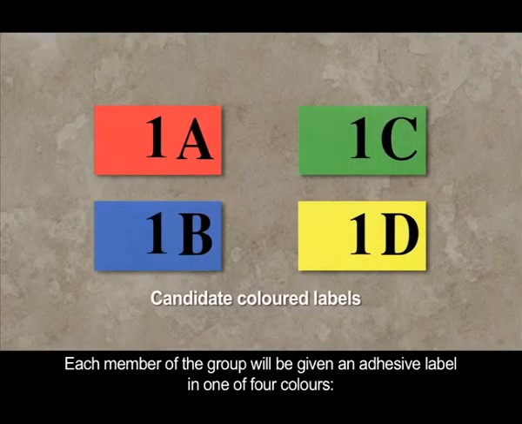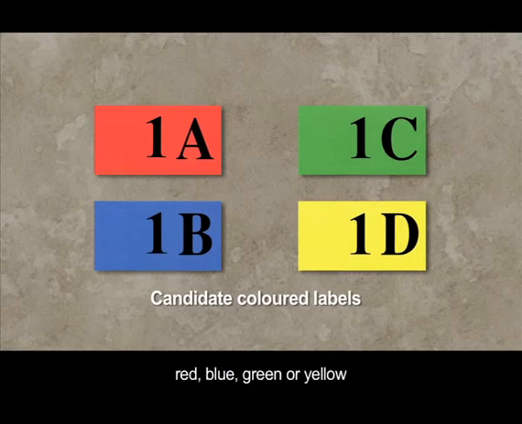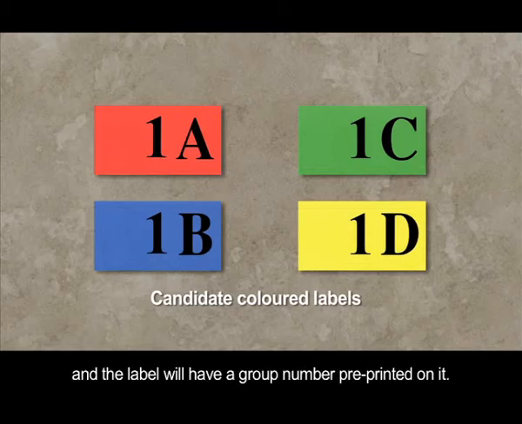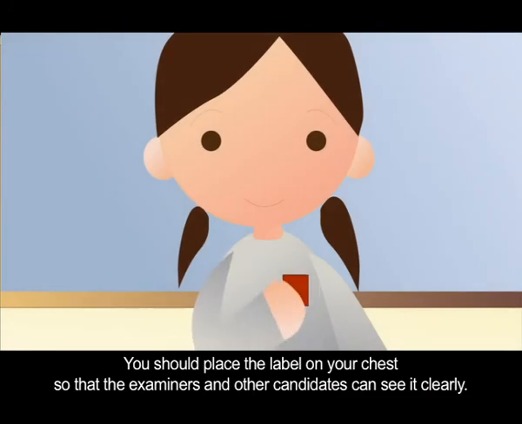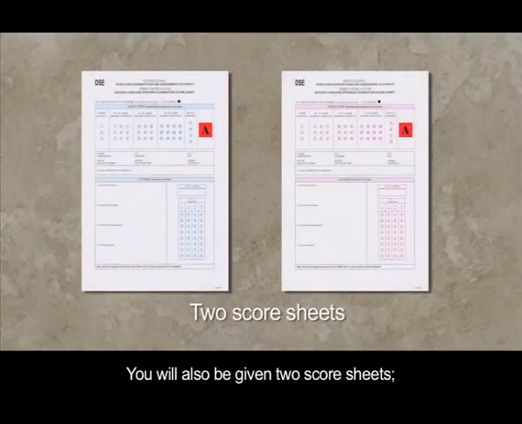Each member of the group will be given an adhesive label in one of 4 colors: red, blue, green, or yellow, and the label will have a group number pre-printed on it. You should place the label on your chest so that the examiners and other candidates can see it clearly. You will also be given 2 score sheets, one blue and one pink.